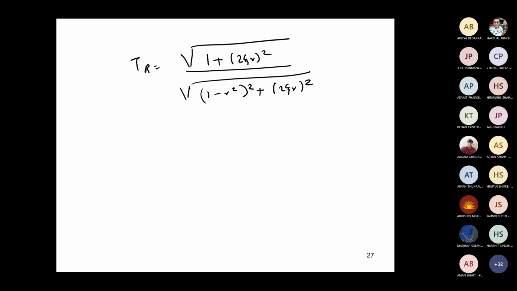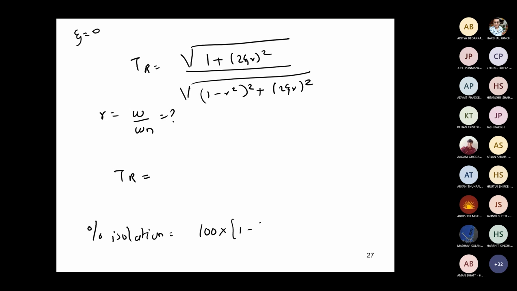Nothing is specified in this example about the damping, so take zeta equal to 0. And r will be the forcing frequency upon natural frequency. So find out r, substitute in the equation and find the value of the transmissibility ratio. Percentage isolation will be 100 into 1 minus transmissibility.